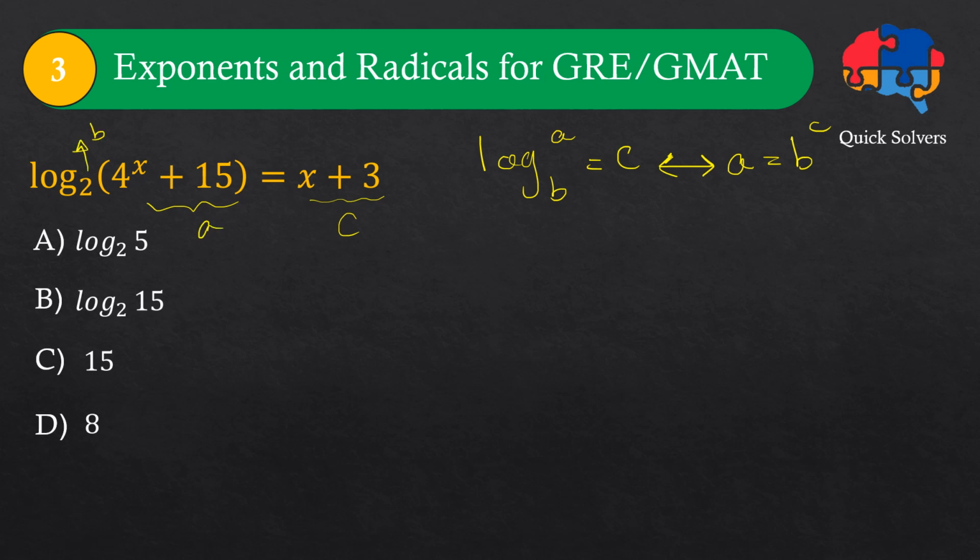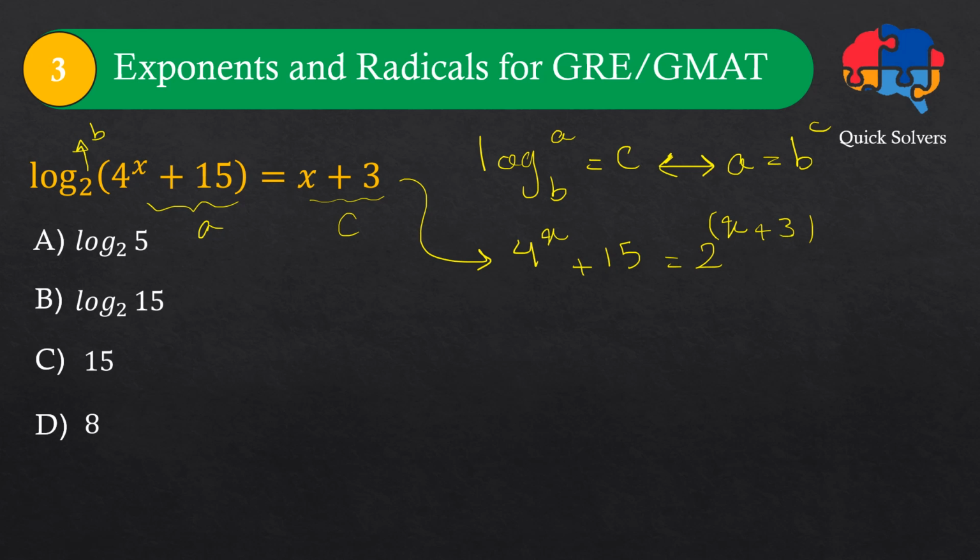So I can rewrite the whole expression as 4 to the power of x plus 15 equals, sorry, 2 to the power of x plus 3.